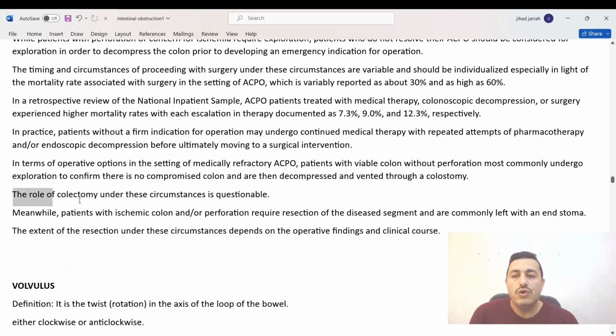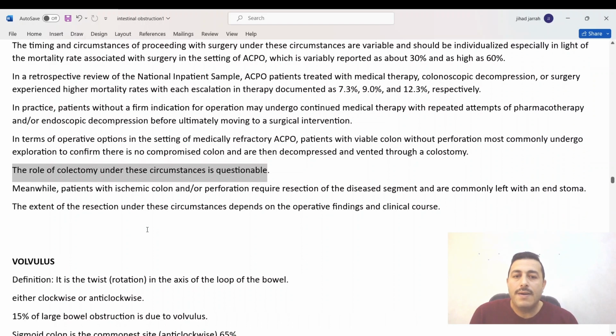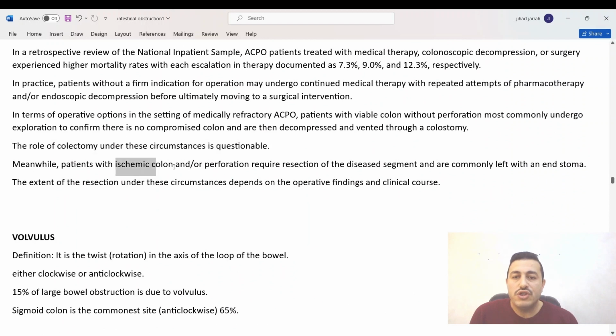The role of colectomy under these circumstances, they mean no sign of ischemia, is questionable. So what we should do is actually bring a colostomy. If we have perforation and ischemia, we do resection and we bring an end stoma.